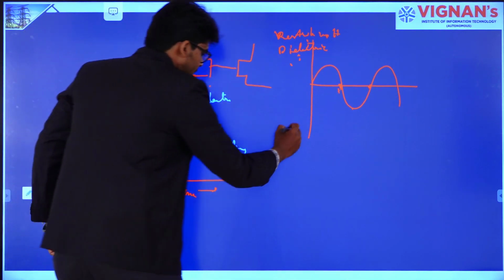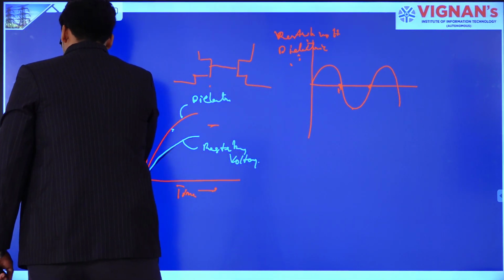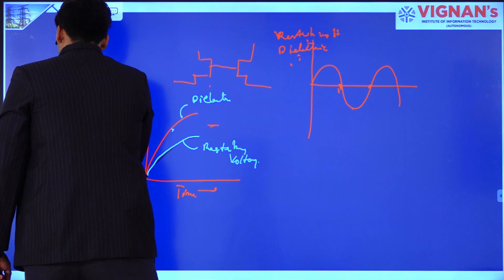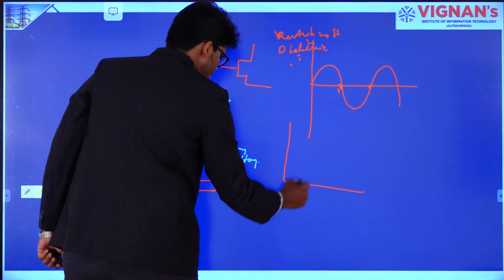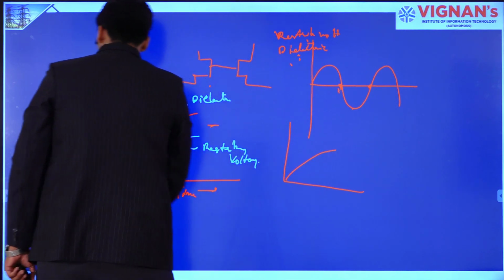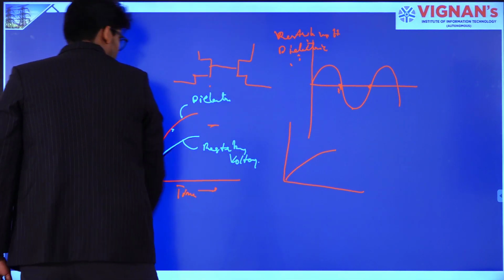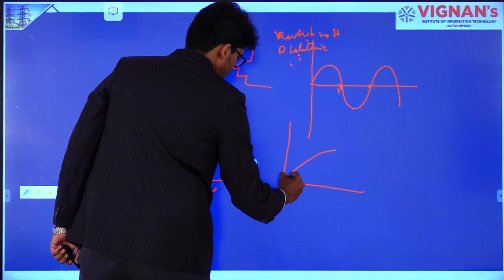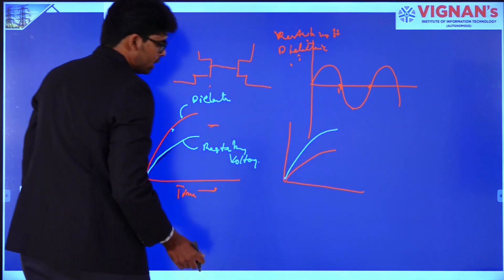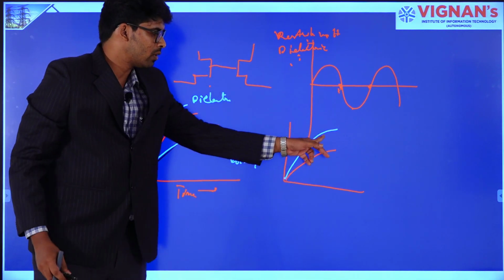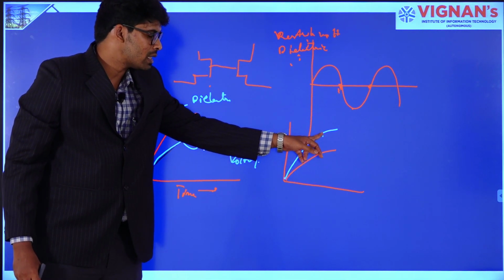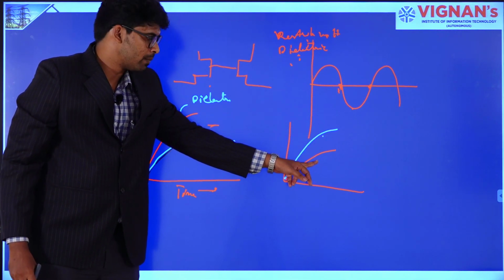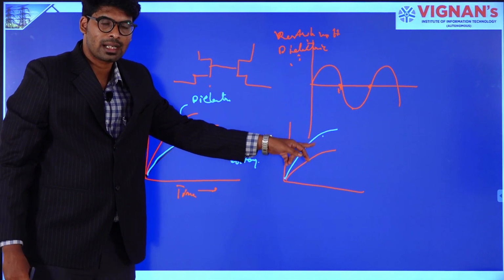Suppose this is the dielectric strength and this is the restriking voltage. The blue one is the restriking voltage and the red one is the dielectric strength. If the restriking voltage is higher than the dielectric strength, there is a possibility of the arc striking again.